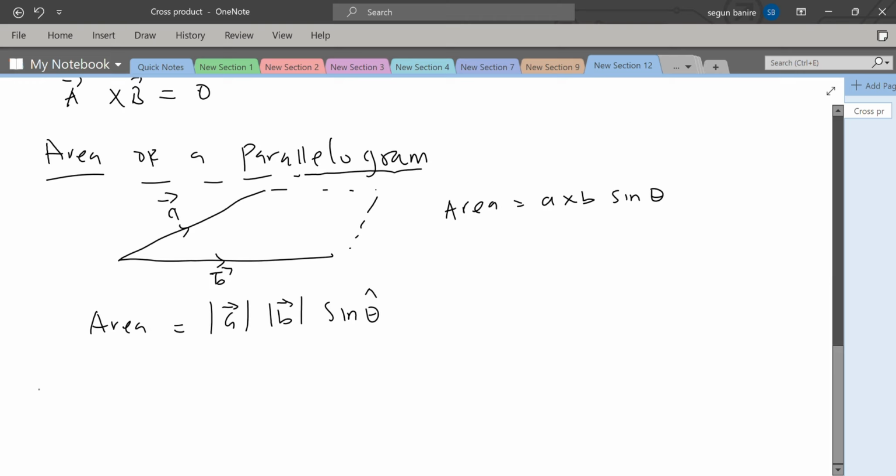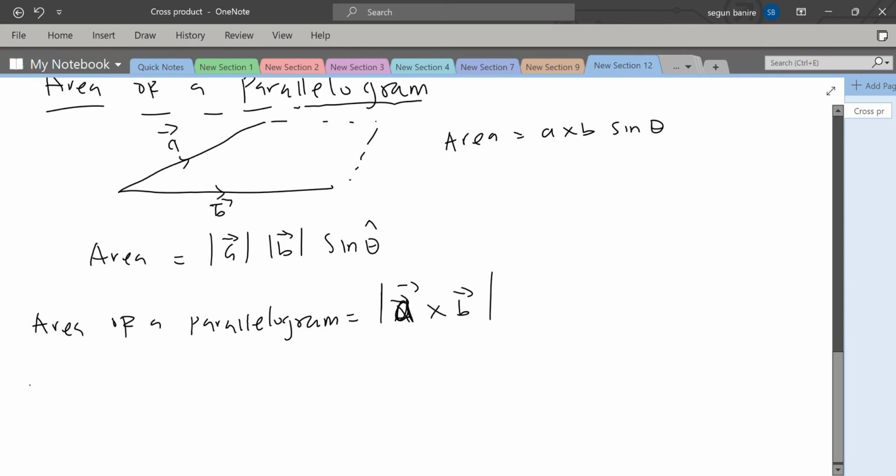So that is why we say the area of a parallelogram is equal to the magnitude of the cross product of A and B. When you do the cross product, you then look for its magnitude. So this is the area of a parallelogram.